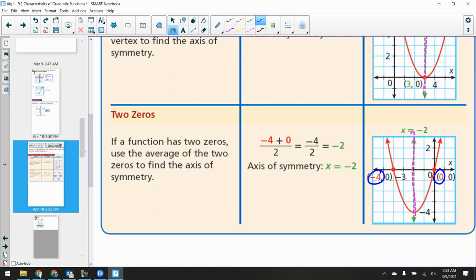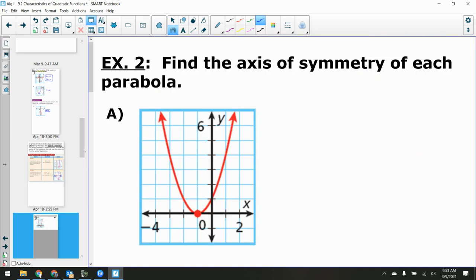If it's got no zeros at all, then you're not going to be able to tell where the axis of symmetry is based on the graph. And you'll see here in a second why. So where is the axis of symmetry here? Be careful, -1. And also, I want us to say x equals -1. That's the full answer there.